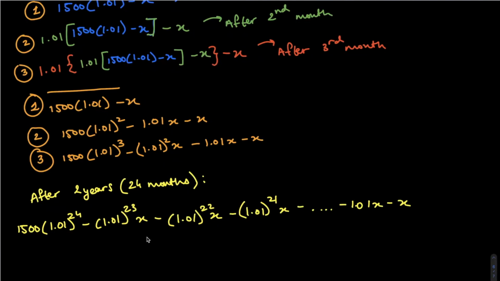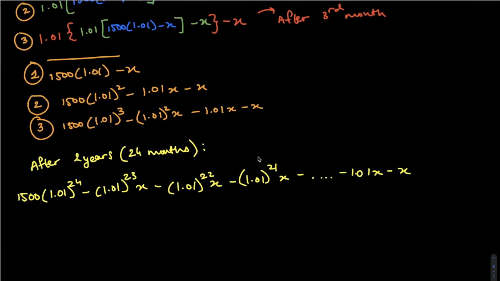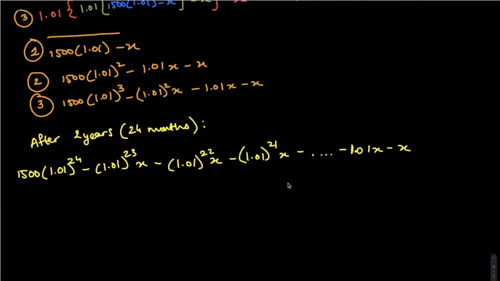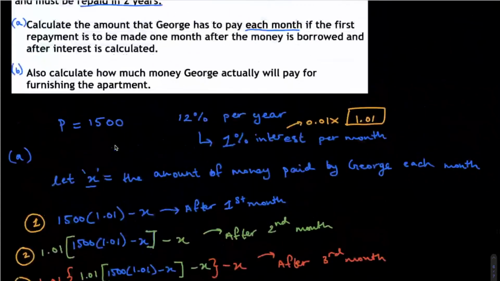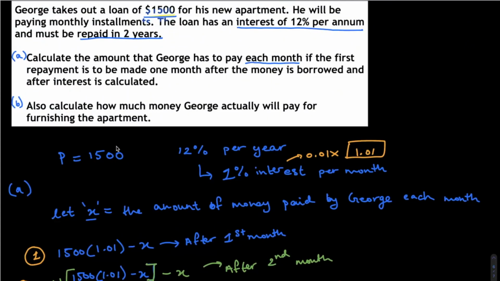Now, I'm gonna have to make a few adjustments to get to my answer. The few adjustments that I have to make here are that you see this pattern that's developing here, right? Ignore this part, but here, 1.01 raised to the power 23x, 1.01 raised to the power 22x, 1.01 raised to the power 21x, and all that. Now, one more thing I want to mention before moving forward is that after 2 years, the condition says that George will have no money left in debt.